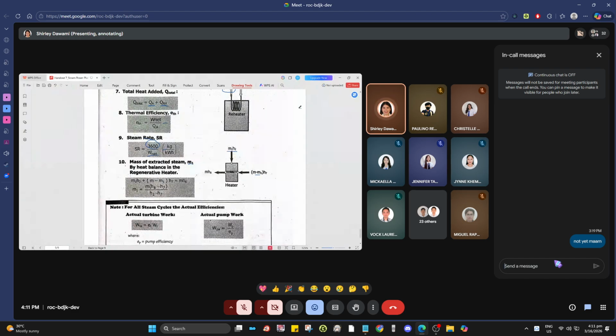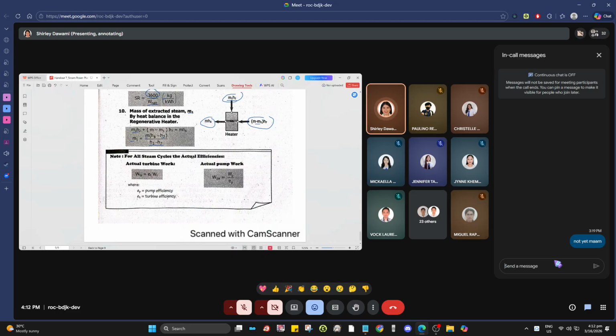What comes out after the turbine, after complete expansion, is M minus M1. So M1 H2 plus M minus M1 H7 is equal to M H8. Therefore, M1 is equal to M times H8 minus H7 divided by H2 minus H7.